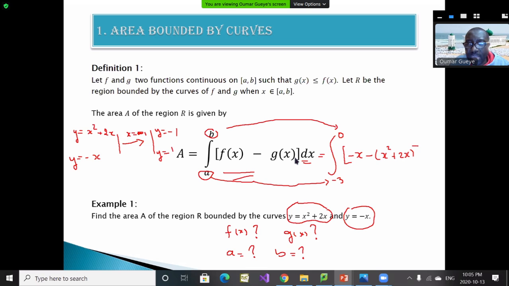Just keep in mind, anytime you notice the graph is not given and you want to know which one is the greater function, you pick any number from the interval of integration. Here in my case, the interval of integration is -3 to 0. You pick whatever you want from there. I just picked -1, but someone else can take -2. But at the end of the day, you will get the same greater function. Any question before we calculate this integral?